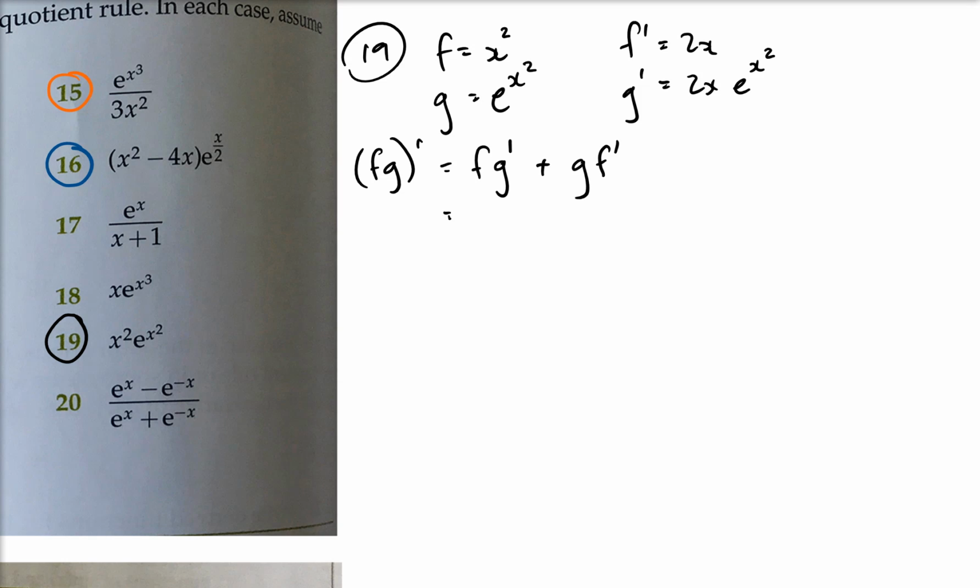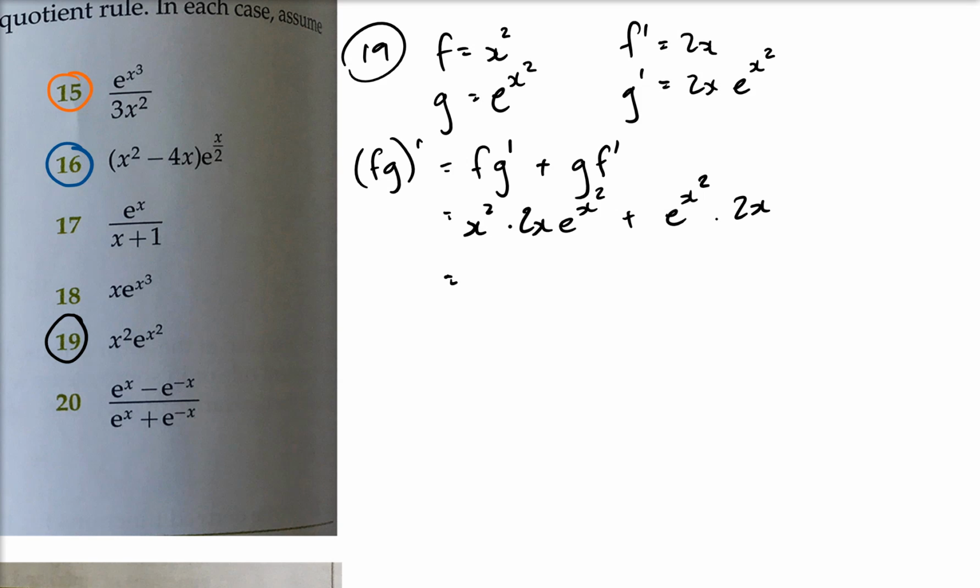I've got a really bad feeling that's wrong, but I checked it, seems right. So write down the first, x squared, times the differential of the second, 2x e to the x squared, plus write down the second, e to the x squared, times the derivative of the first, which is that.